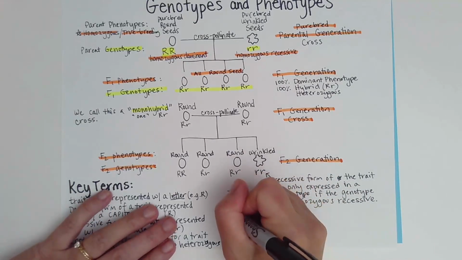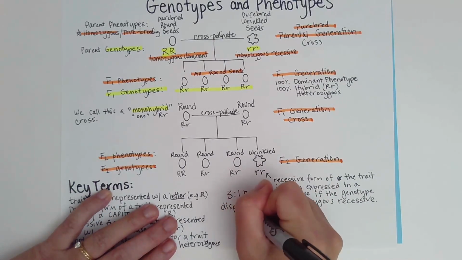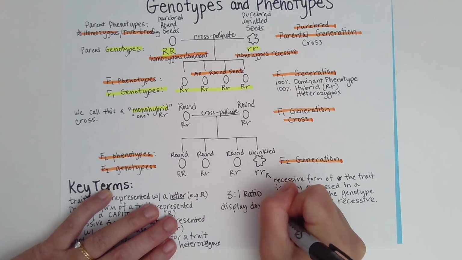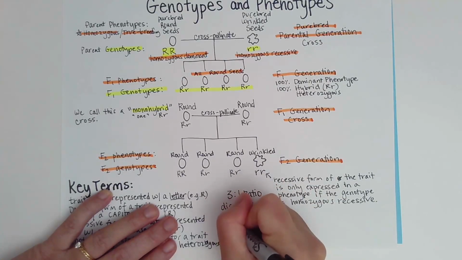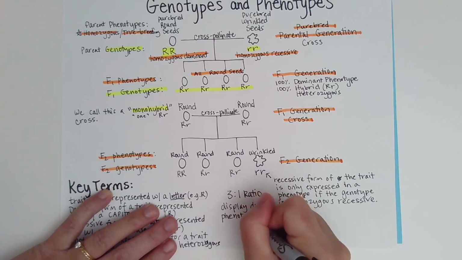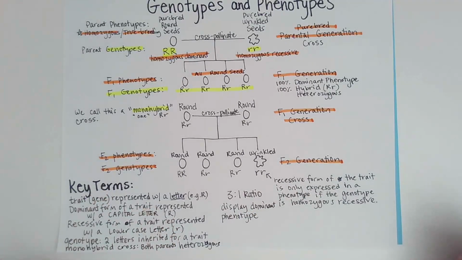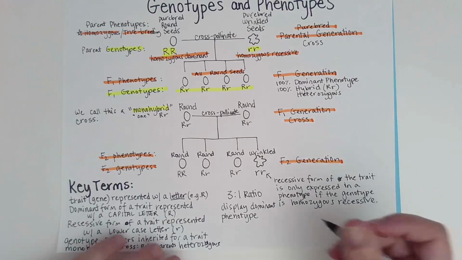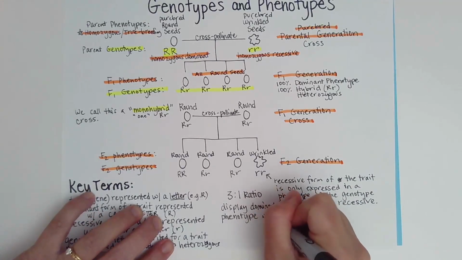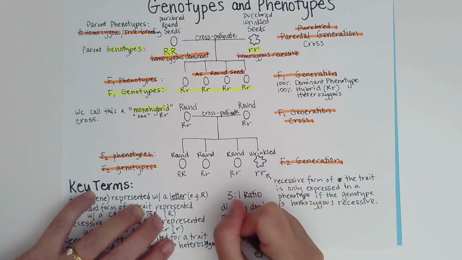So 3-to-1 ratio will display the dominant phenotype, which is round seeds. But your teacher could give you any example of different traits. As long as you know which one's dominant, if you cross two hybrids, 3-to-1 of them will display the dominant phenotype when two hybrids are crossed.